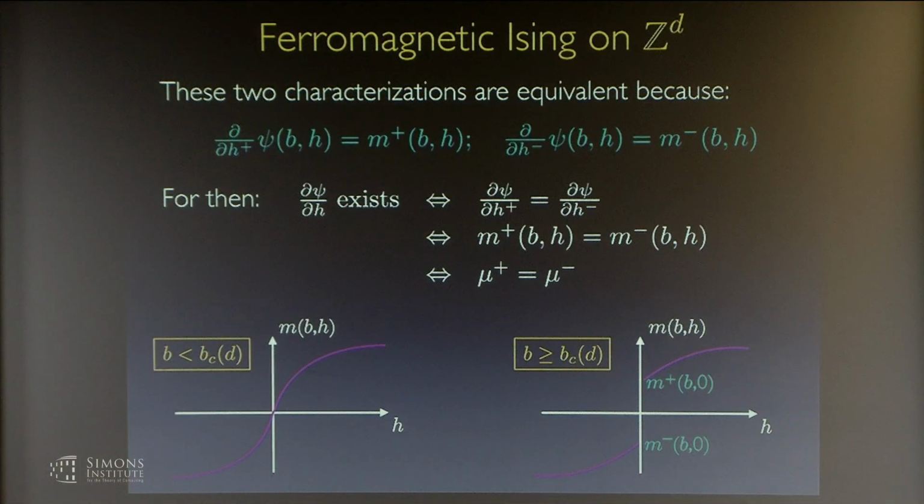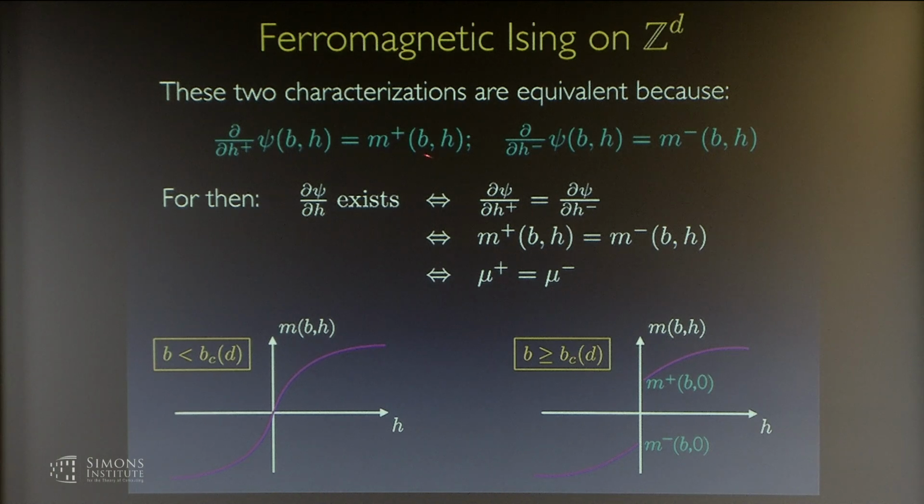And in fact, for the Ising model on Z^d, these two characterizations of the phase transition happen to be equivalent, because you can show that the right and left-sided derivatives of the pressure always exist.